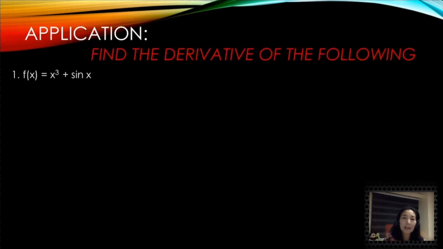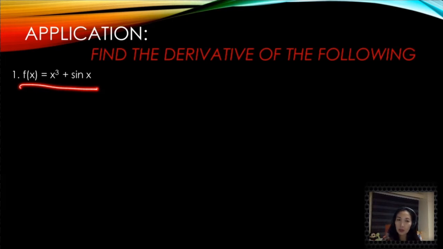Now, applications of the formula. Let's solve the following. Find the derivative of the following, or differentiate the following. Now, let's look into number 1. The given is f of x is equal to x cubed plus sine x.